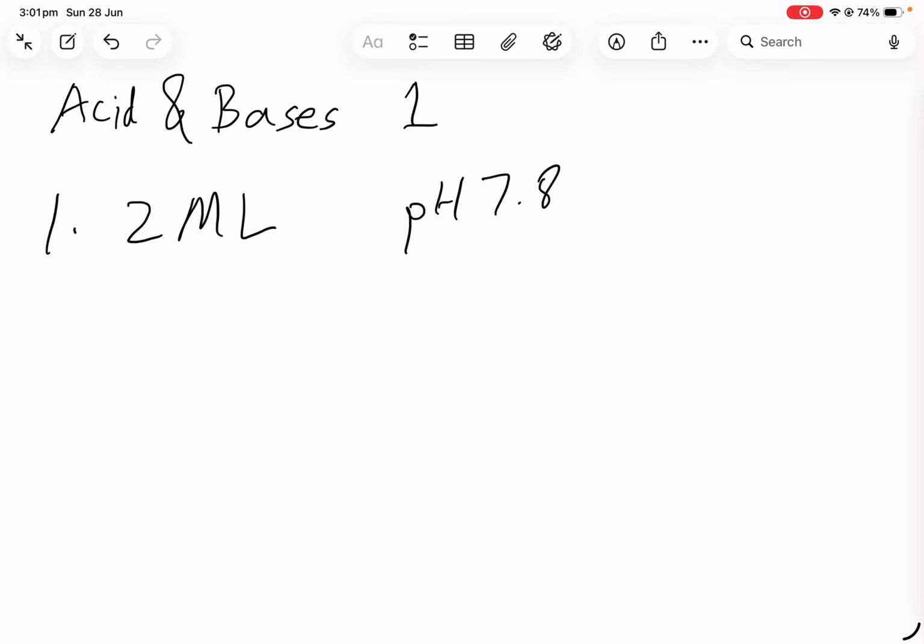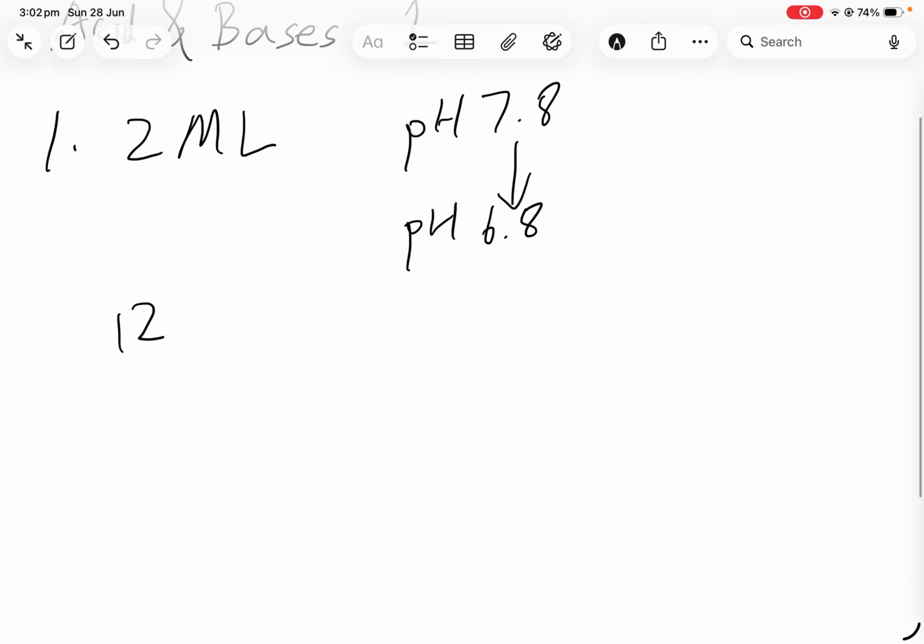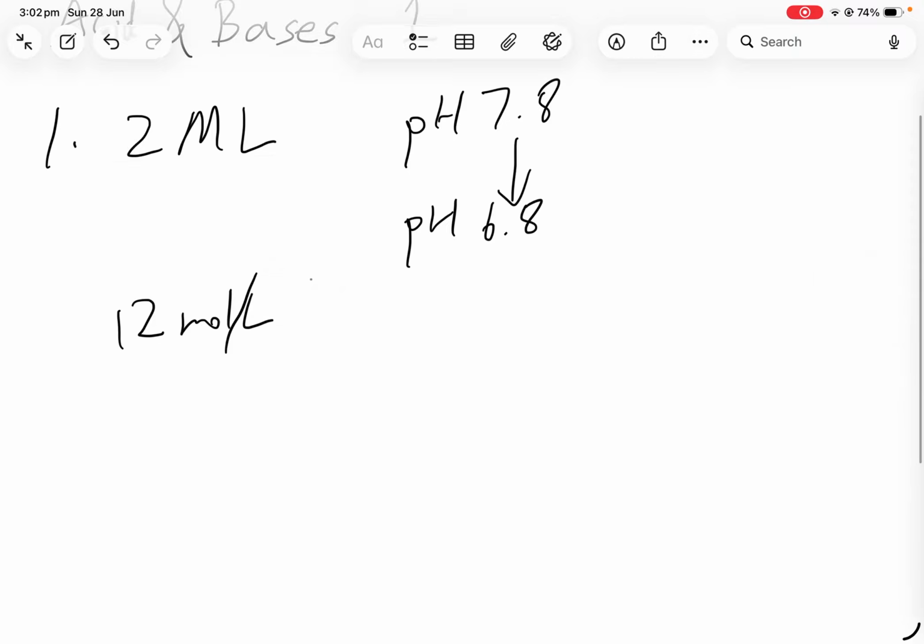The caretaker needs to reduce the pH to 6.8. What volume of 12 moles per liter hydrochloric acid does he need to add? Assume the volume of acid is insignificant compared to the volume of the pool.